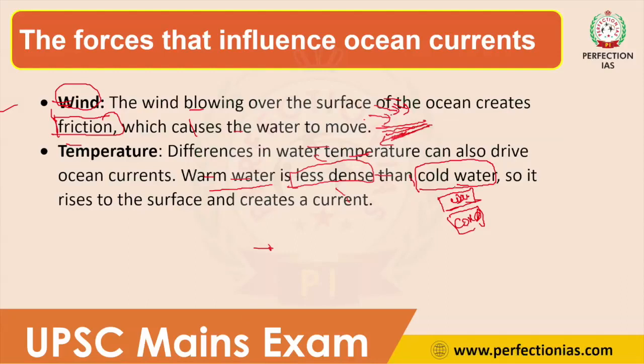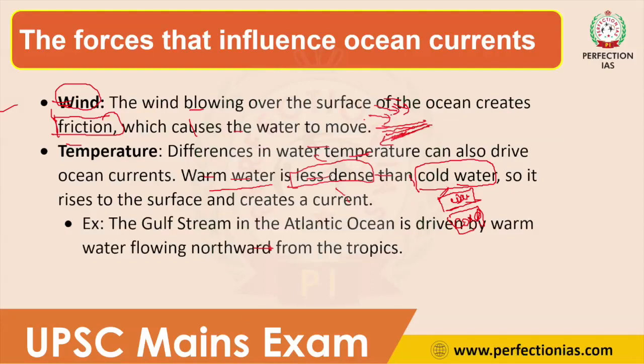So the temperature difference between warm water and cold water will also create and influence ocean currents. For example, the Gulf Stream in the Atlantic Ocean is happening because of the temperature difference between two water masses.